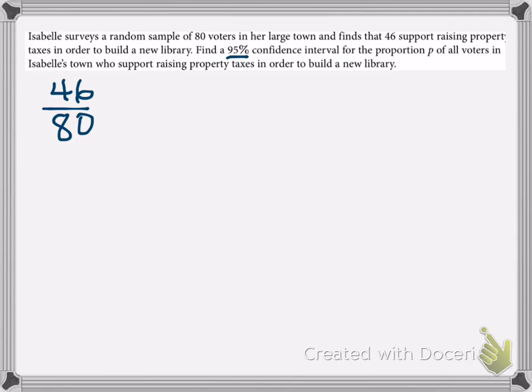So the first thing I'm going to do is divide 46 by 80. What that's going to do is give us our p hat. Okay, so 46 divided by 80, if you type that in a calculator, would be 0.575.